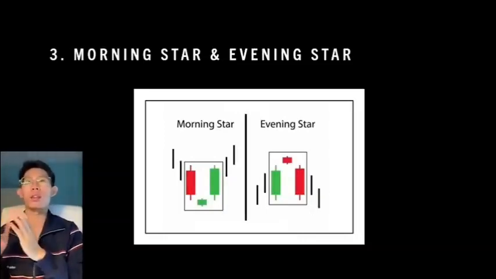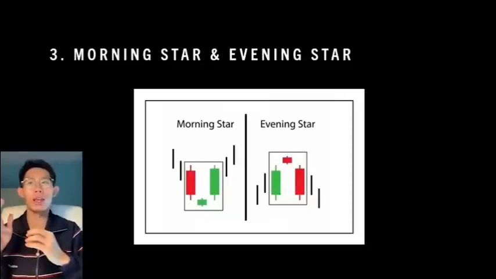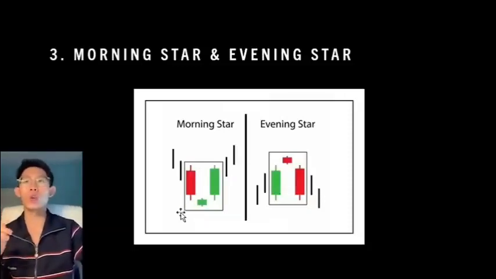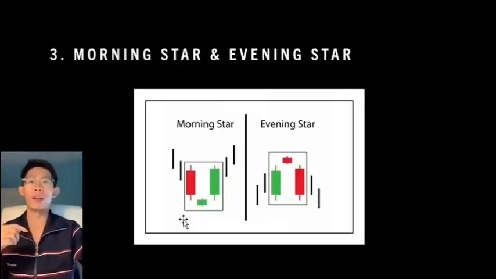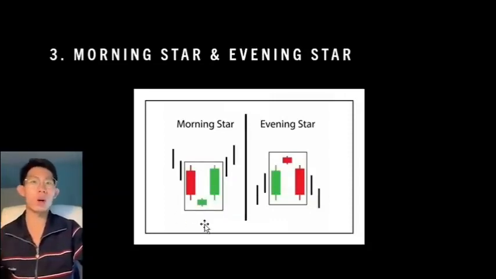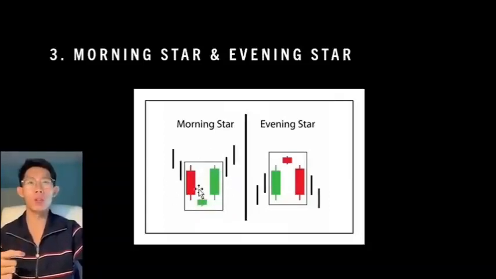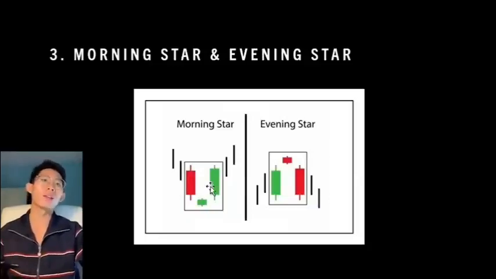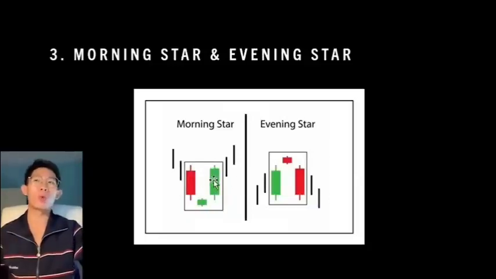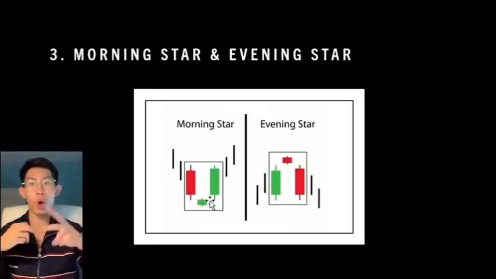The first candle must be red, and then the second one can be either green or red, and it can be either a star candlestick or a doji. The third candlestick must be green, and it must close at least halfway up the first red candlestick. This last candlestick confirms to us that a reversal is going to occur.